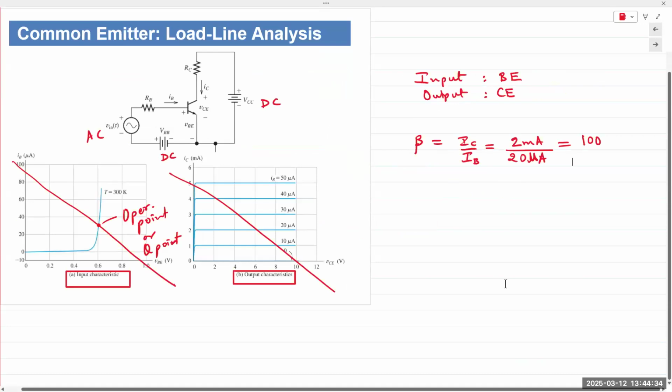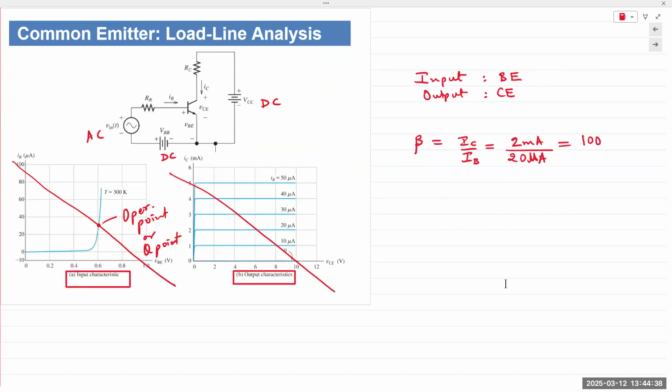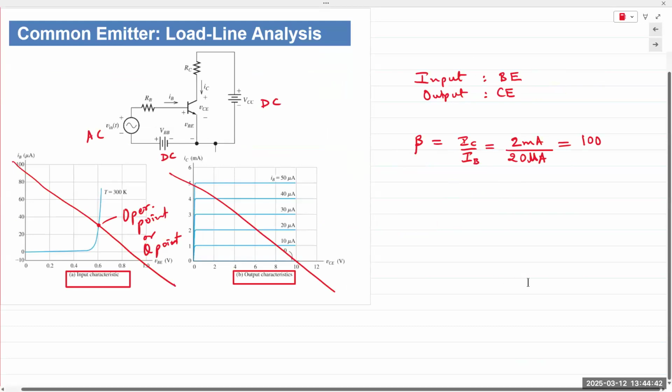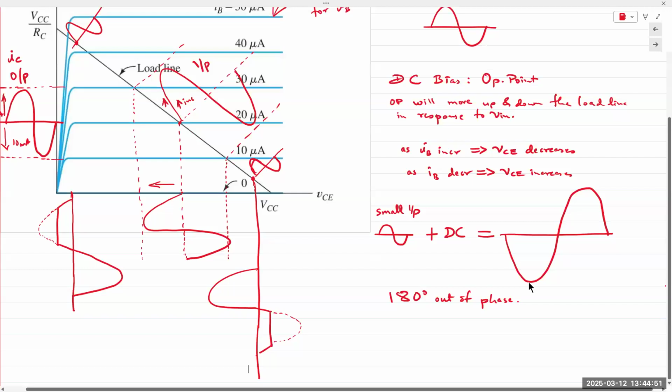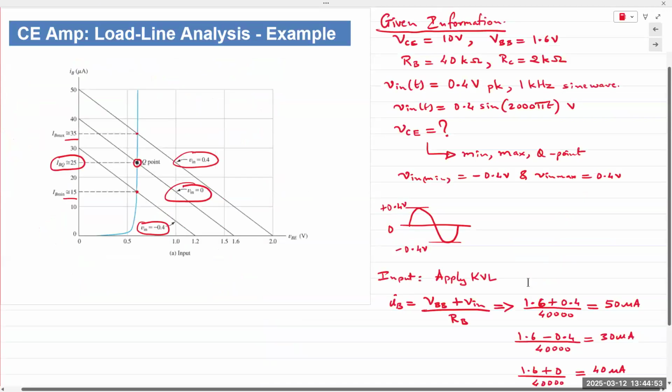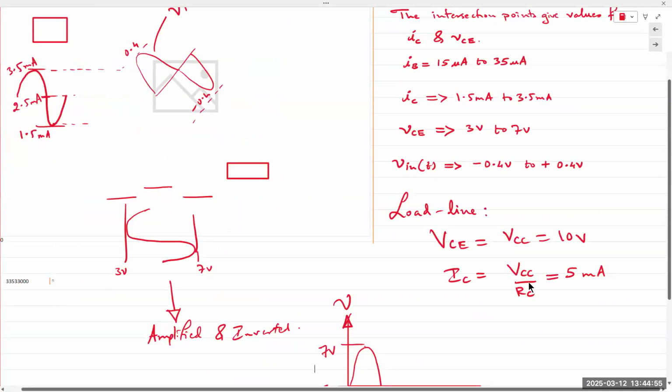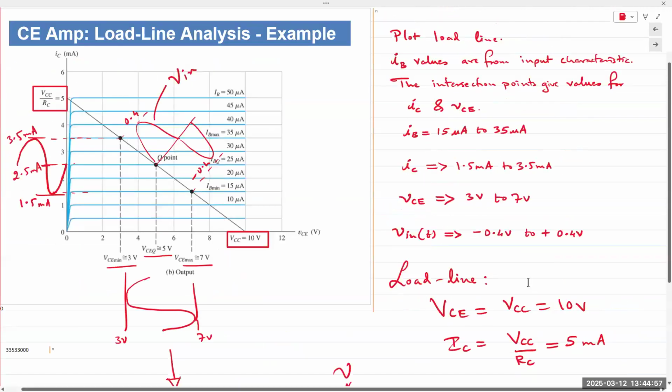And then there was load line analysis. So please ensure that you're familiar with BJT common emitter load line analysis. And then we did a problem showing how we can use it as an amplifier. So again, please review this problem.